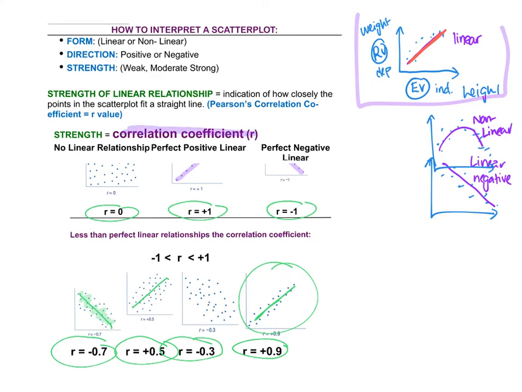If you get an R value on your calculator that's +1, that's a perfect positive relationship. If you get an R value that's -1, it's a perfect negative. So all the numbers are going to be somewhere between -1 and +1, okay? And obviously if you get 0, 0 is no relationship. That's like that one up there.